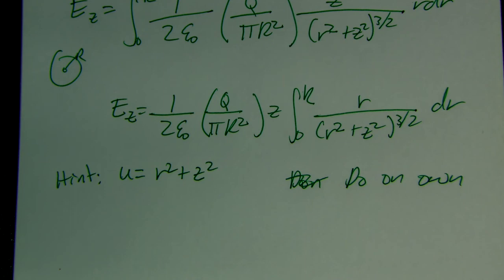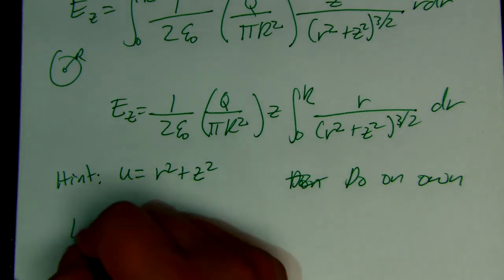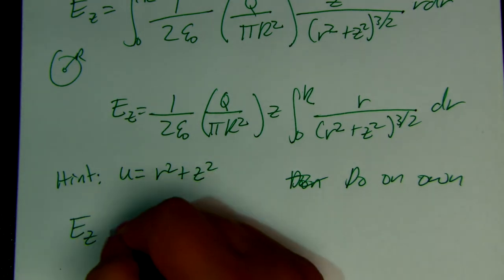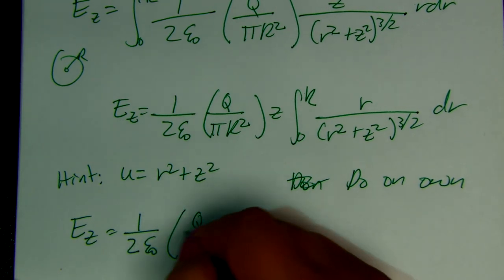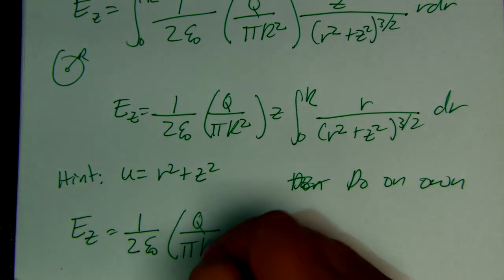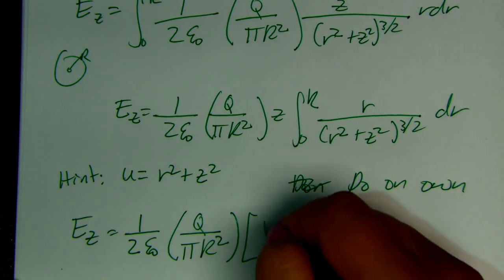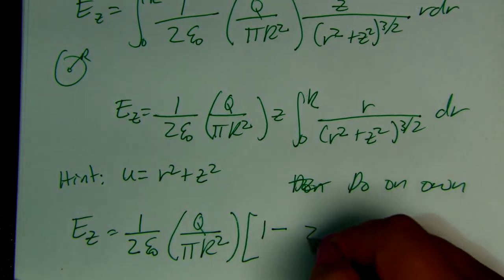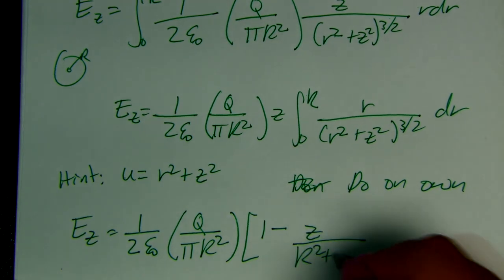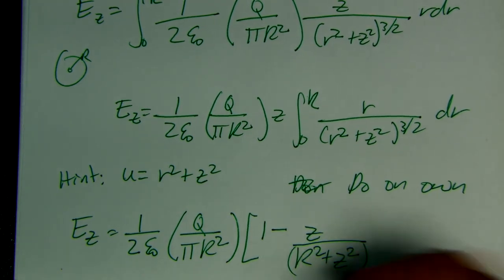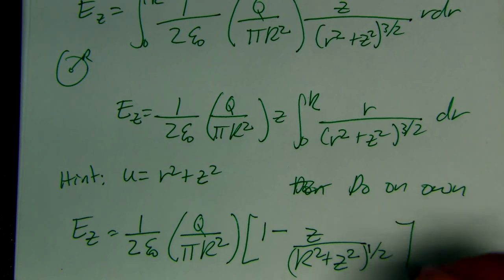All right, so after you solve this using u substitution, you get that E sub Z is equal to 1 over 2 epsilon naught, Q over pi R squared, times 1 minus Z over R squared plus Z squared to the power of 1/2.